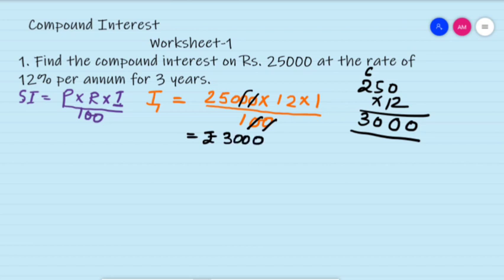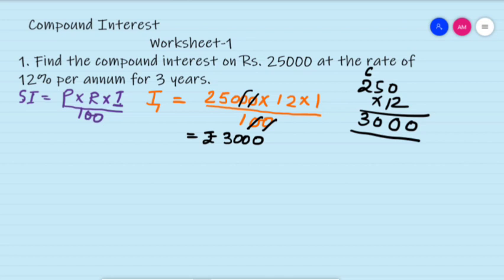Okay. Now children, try to understand that the businessman thinks that when he is earning rupees 3,000 after the first year, it is his amount, and if the customer is not returning the amount after the first year, he will take the interest on rupees 3,000 also.